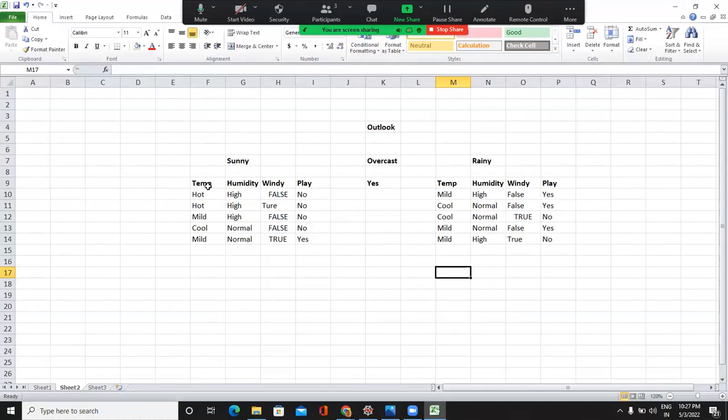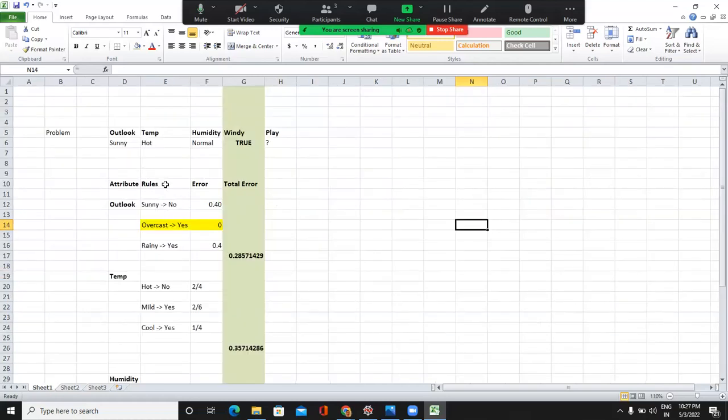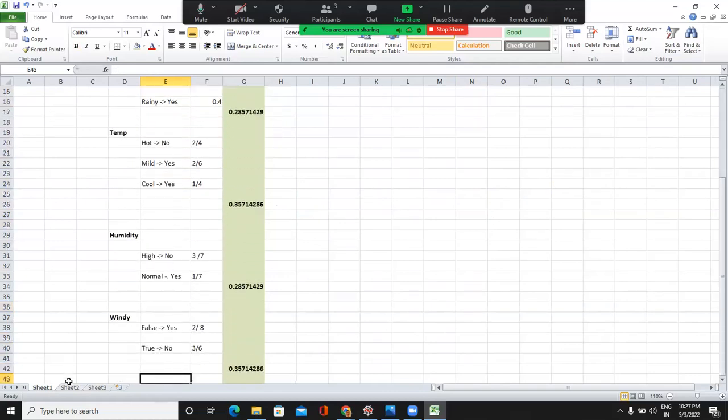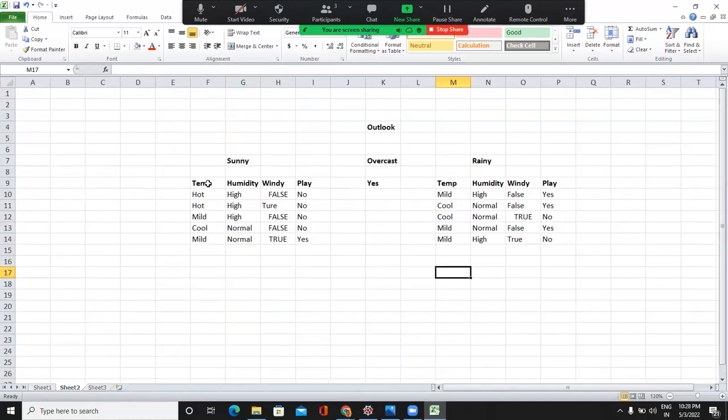Now what we will do in sunny: we have temperature, humidity, windy, play. Play is the decision. So like we did here for all the features, outlook, temperature, humidity, windy, here we will do it only for this table.